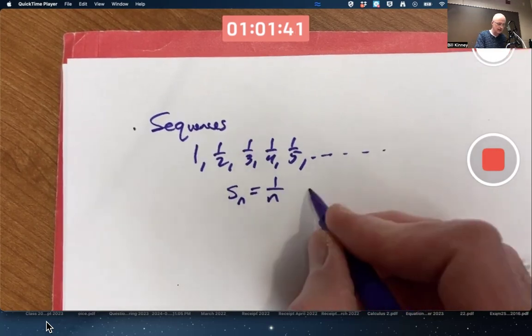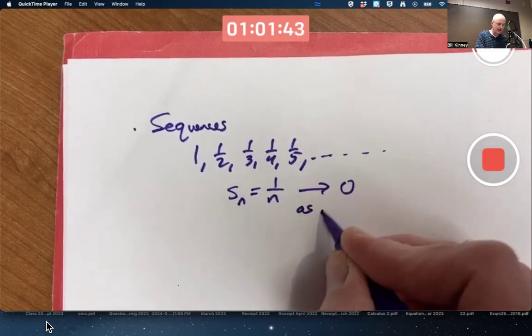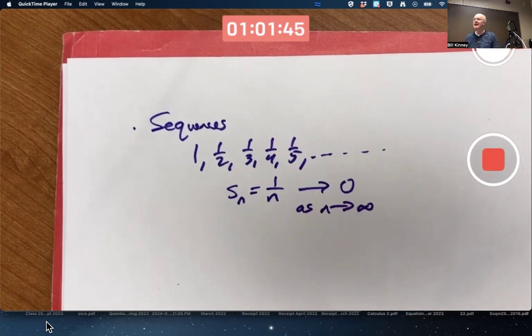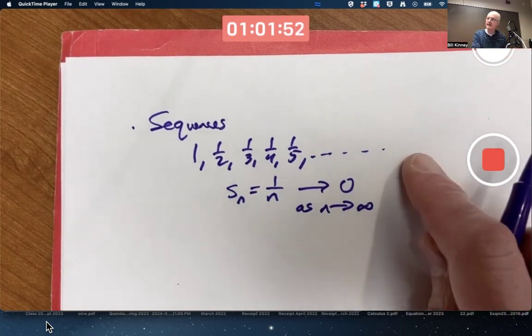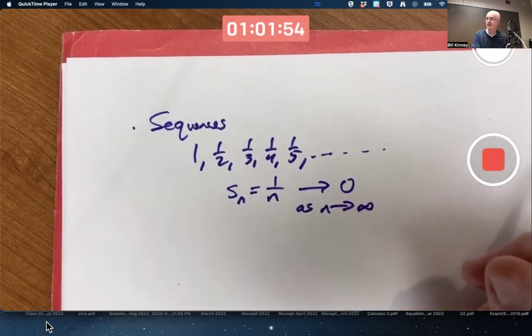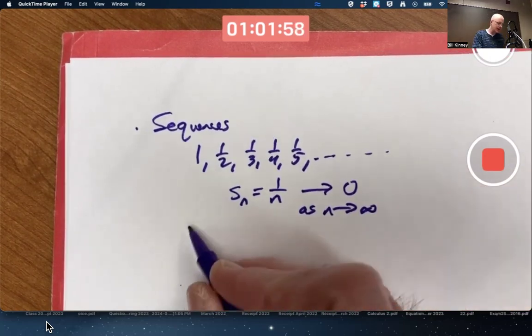This clearly approaches 0 as n goes to infinity. It never equals 0, right? But it gets arbitrarily close. I can make these numbers as close as I like to 0 by making the n big enough, is what this means. There are also examples with indirect formulas.